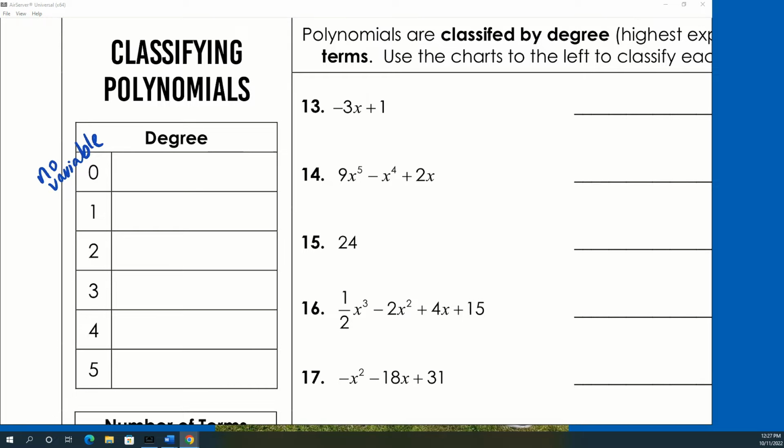Do you guys know what that's called? If there's no variable? It's okay. Most people haven't remembered this today. No variable at all, no letter, just a number. It is called a number, but as far as polynomials, it's called a constant. So if it doesn't vary, there's no variable, it's constant.